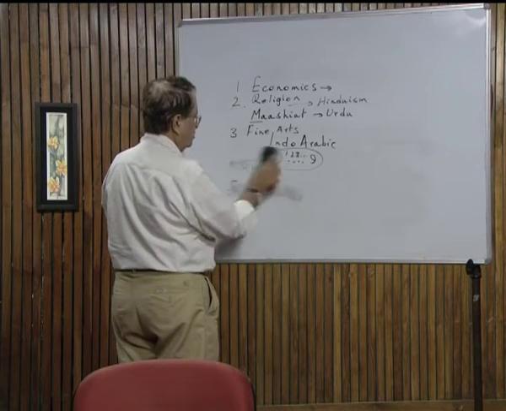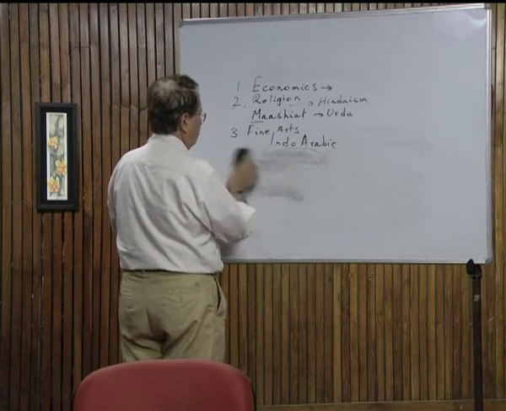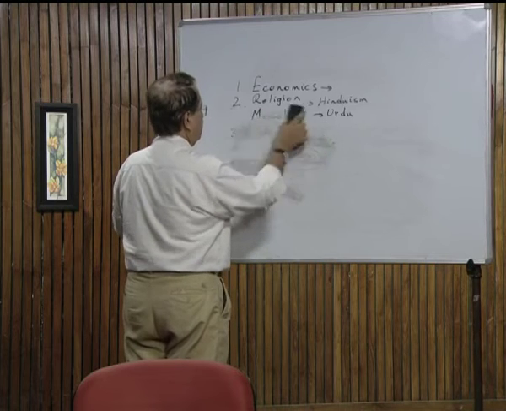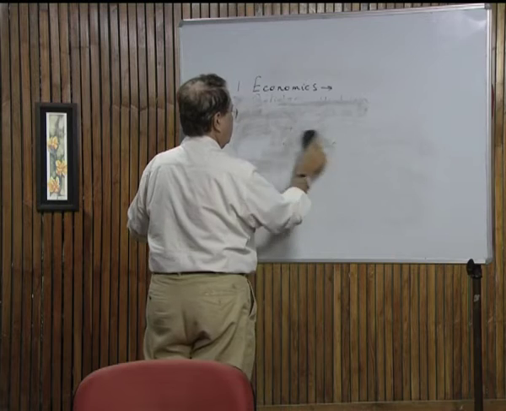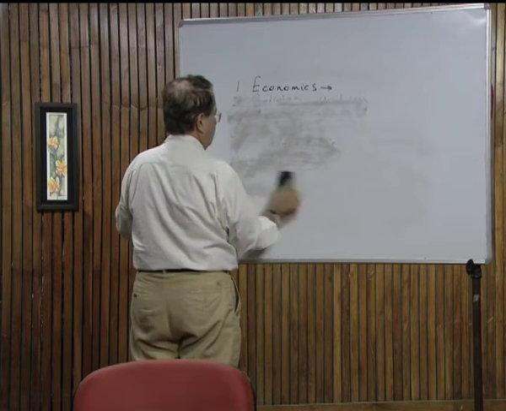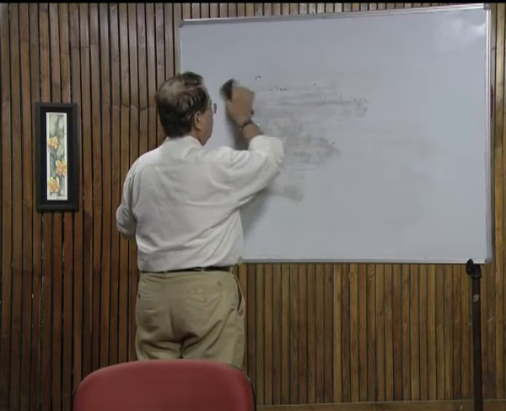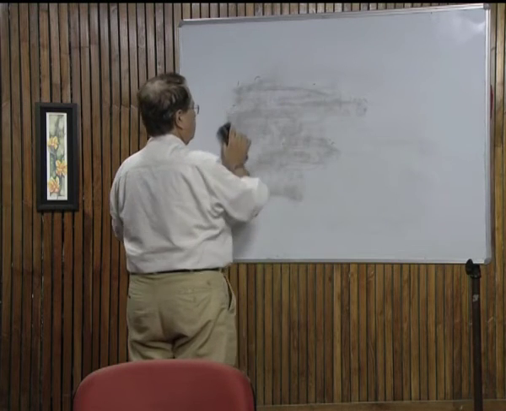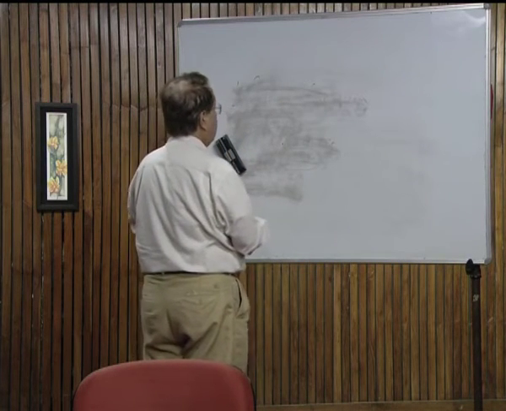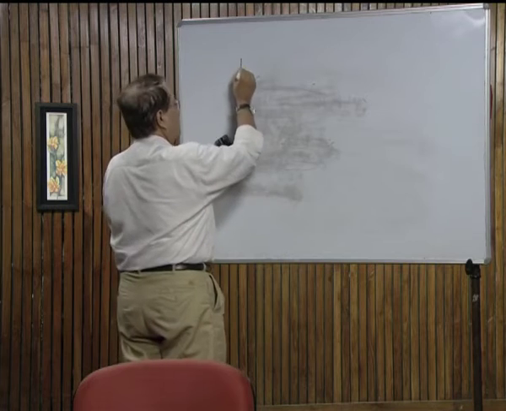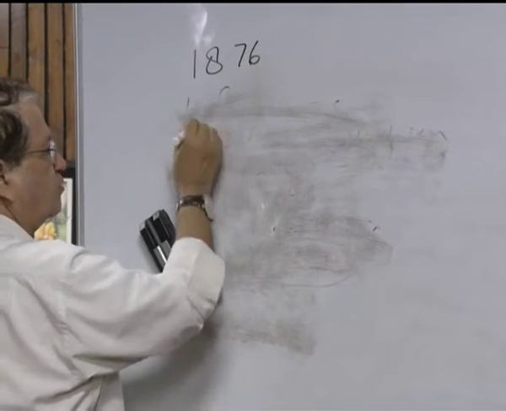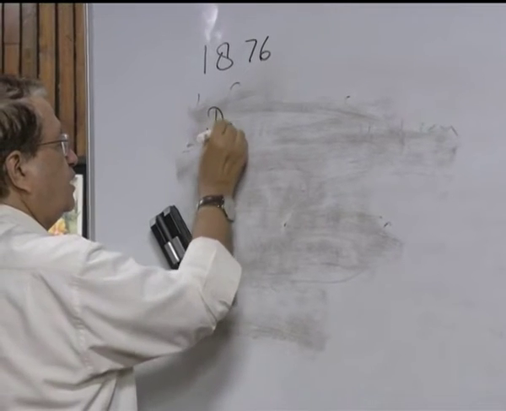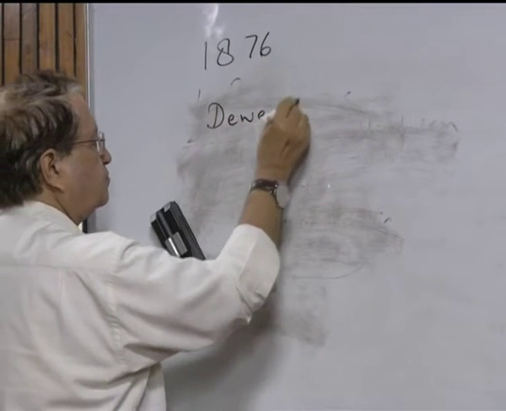Now, one of the people who pioneered this work, or in fact gave it a new perspective, was Melville Dewey, an American librarian who worked in the Amherst College Library in New York during the 19th century. In 1876, he came out with what today is known as the Dewey Decimal Classification.